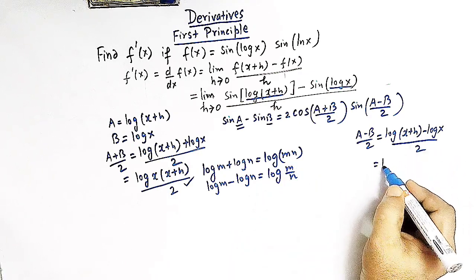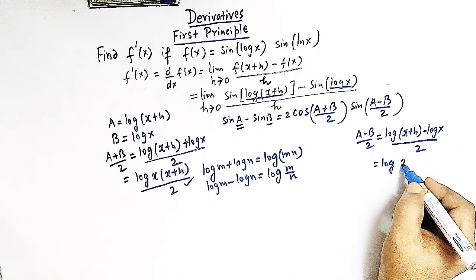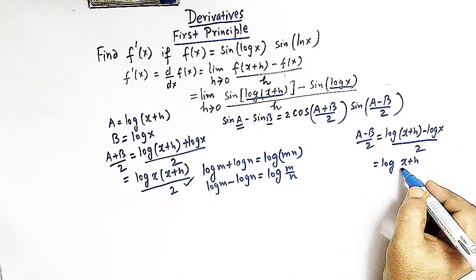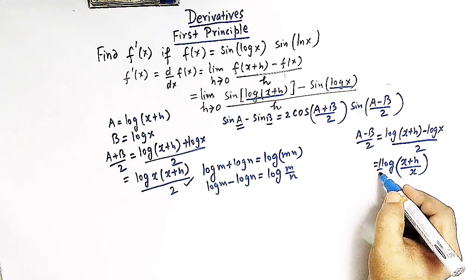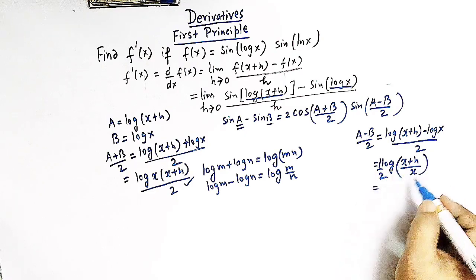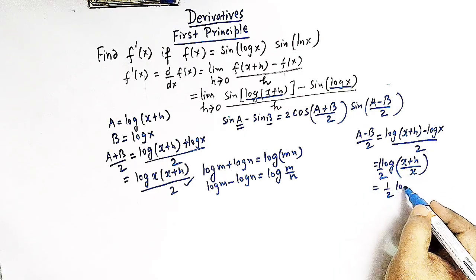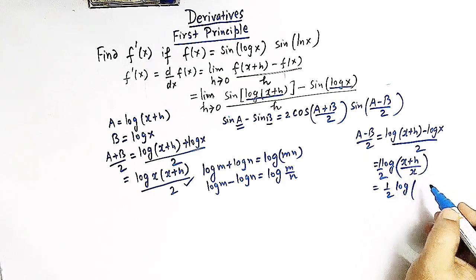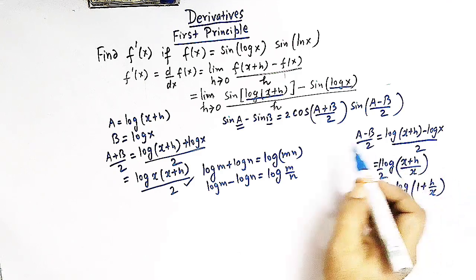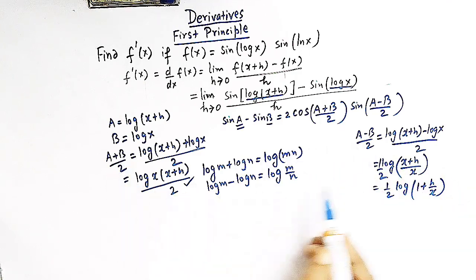So we have log of x plus h over x, and in the denominator we have 2. So we can write half log, and we can distribute this x to x and h, so we have 1 plus h over x. Now we have a plus b over 2 and a minus b over 2.